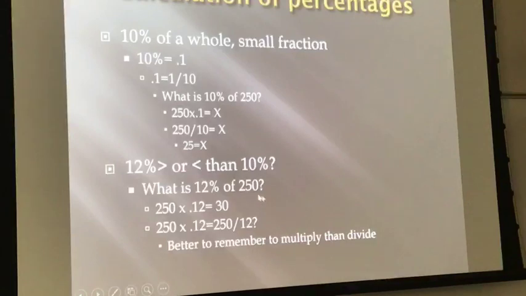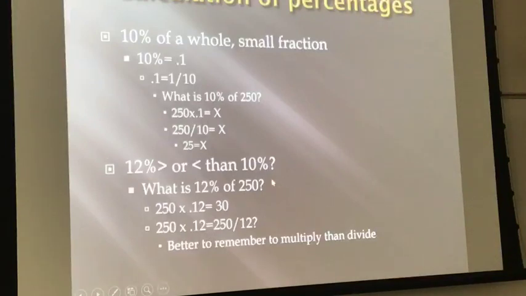So the setup works here, but what you're going to be better off doing, unless you're working on something like 10%, is, rather than divide out, multiply 250 times 12%. Okay?